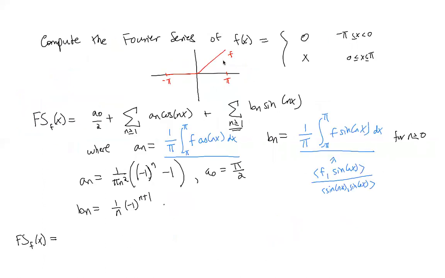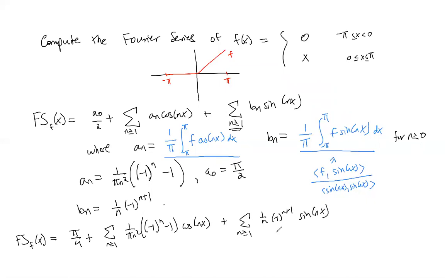Okay, so writing our final answer, we get pi over 4 plus the sum for n at least 1, and then you can basically just copy this in, cosine nx, plus the sum for n greater than or equal to 1 of 1 over n, negative 1 to the n plus 1, sine nx.